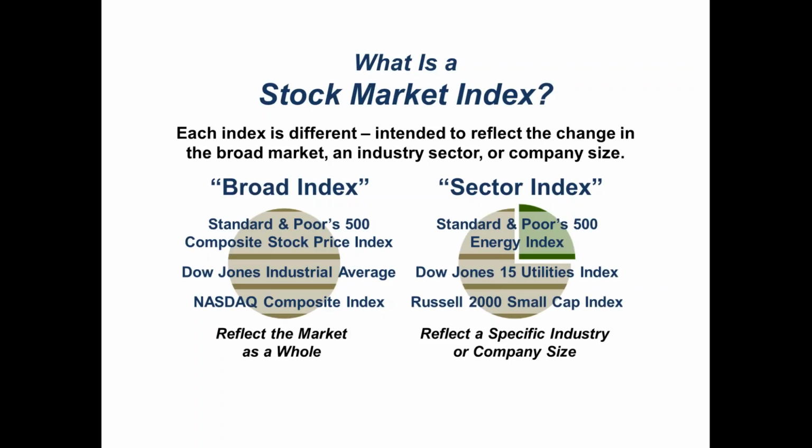When we talk about sector indexes, here are some examples. The Russell 2000 Small Cap Index is a sector index, meaning it's only looking at small capitalized companies. It doesn't have the great big companies on it. Now, small is a relative term, guys. Let's remember that. Or the Dow Jones 15 Utility, because there are 15 big utility companies that it's tracking.